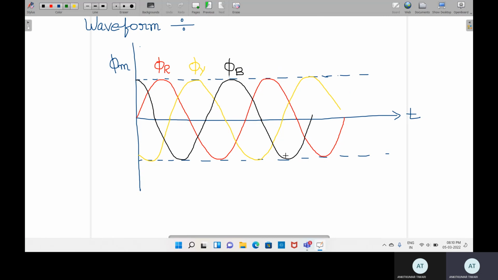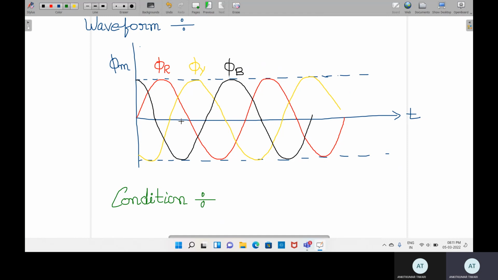So these fluxes are in the form of alternating quantities, and these are in the sinusoidal waveform. So we will remember one condition. That condition would be that these are the alternating quantities, and alternating quantities are represented in sinusoidal form.